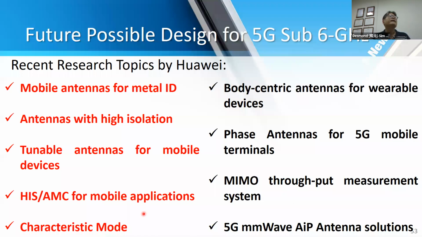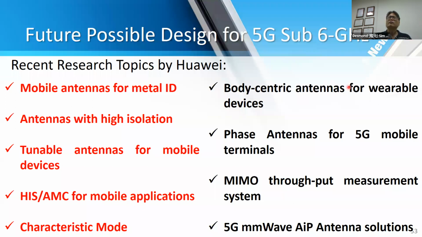But still, most of the industry say it is useful because they think it can solve some of the problems they are facing, especially with all the elements being placed into the phone, and they want to see the mode of the antenna itself.